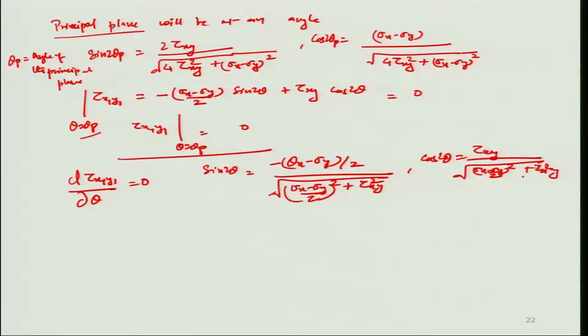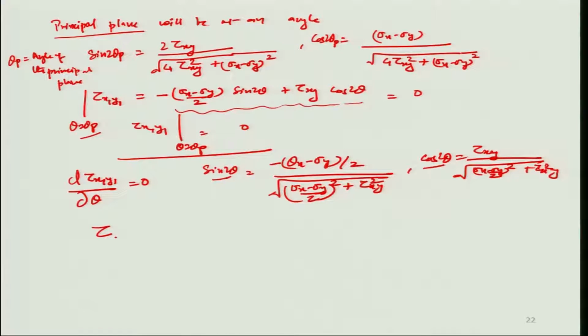If we put these values of sine 2 theta and cos 2 theta back into the expression for determining the maximum shear stress, we can get the tau maximum.